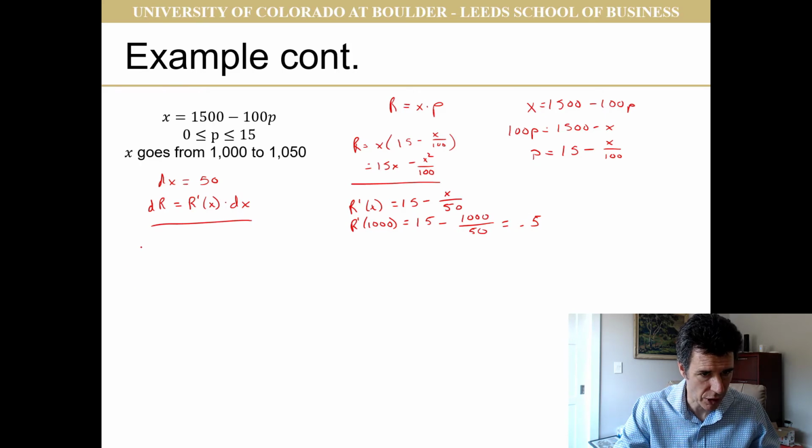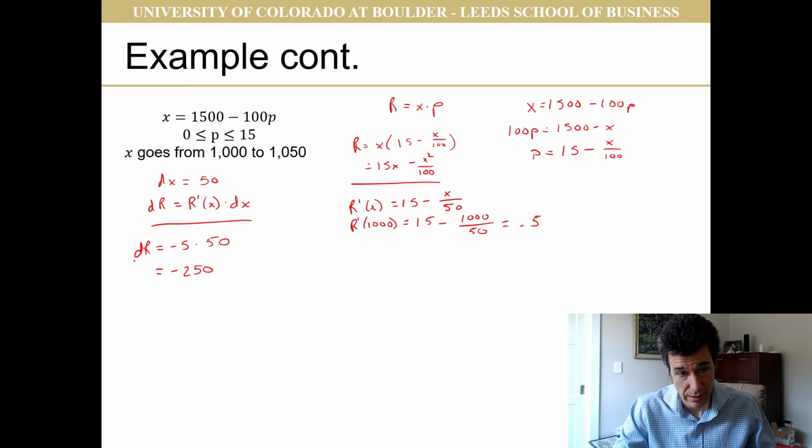We're using our differentials. dr equals negative 5 times 50, which is what dx is, which is negative 250. So revenues go down by approximately $250 when production goes from 1,000 to 1,050. So from a revenue perspective, this is not a great strategy.